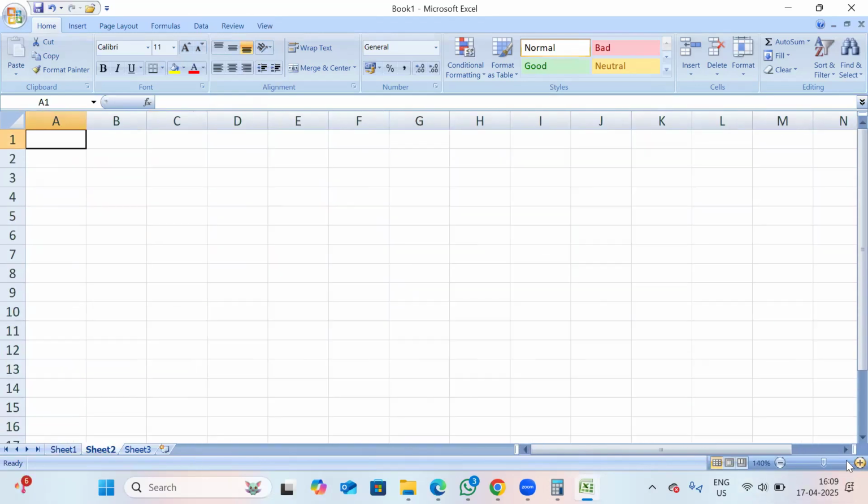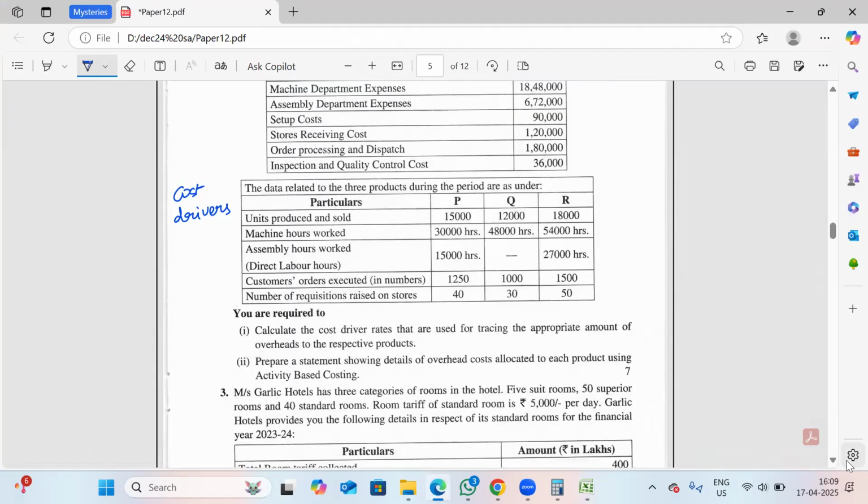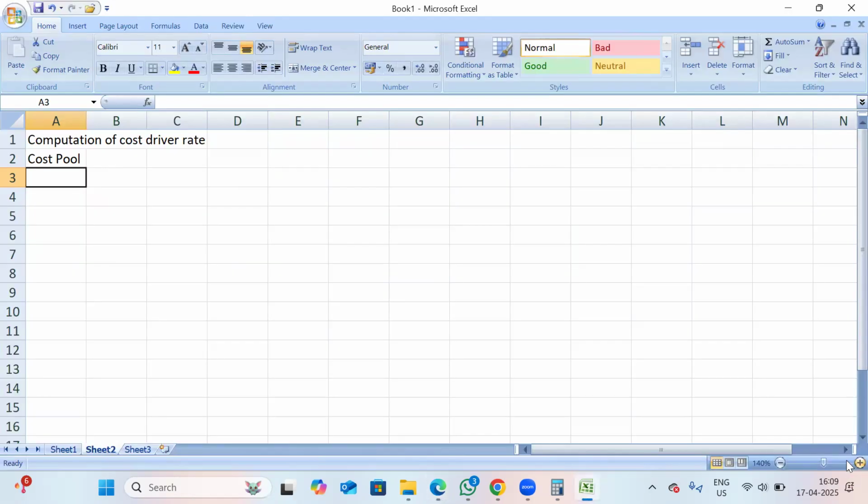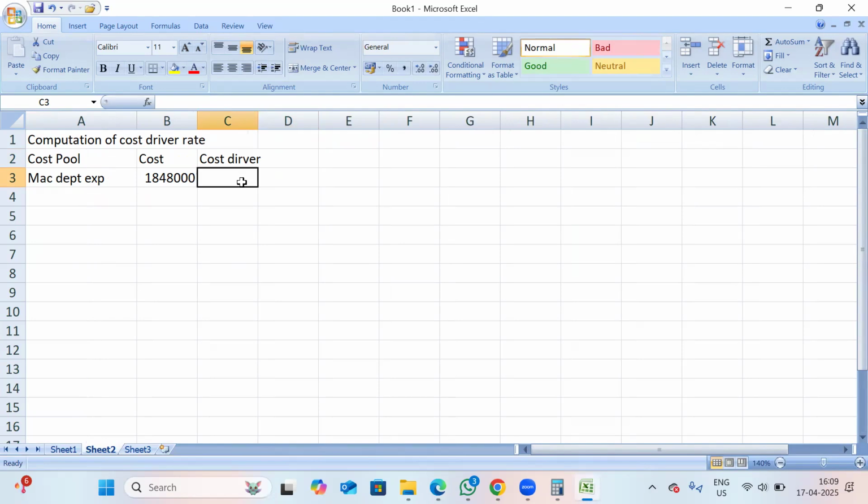First I need to calculate the cost driver rate. Computation of cost driver rate. Here is my cost pool. First, machine department expenses of 18,48,000. This is my cost. My cost driver for machine department expenses will be machine hours.